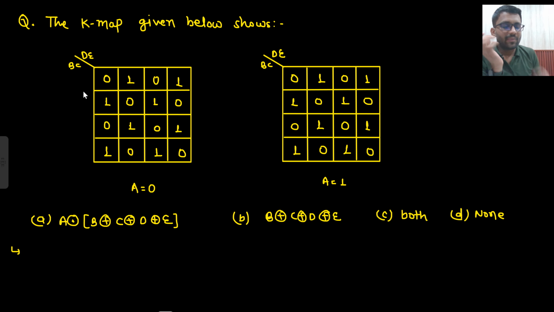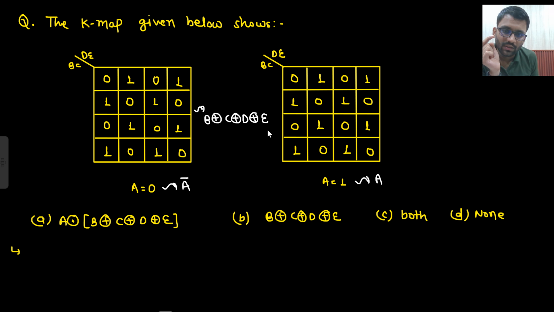So a K-map is shown. What does this represent? Tell me. For A, this is your A bar and this is your A. So for A bar you are getting B XOR C XOR D XOR E, and for A also you are getting the same thing, B XOR C XOR D XOR E. So can I write it down in this manner?